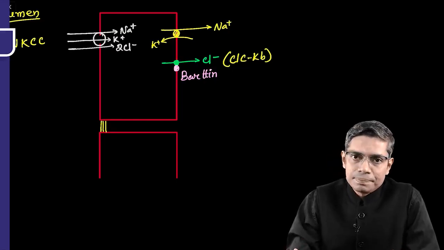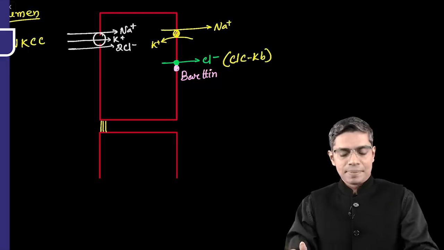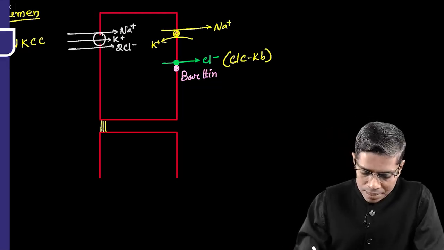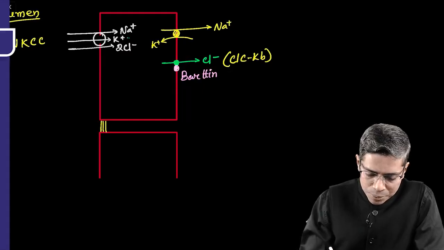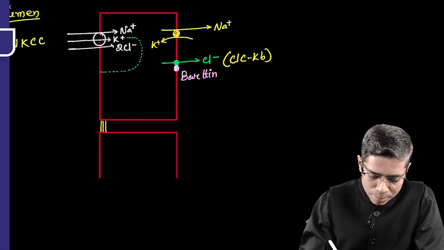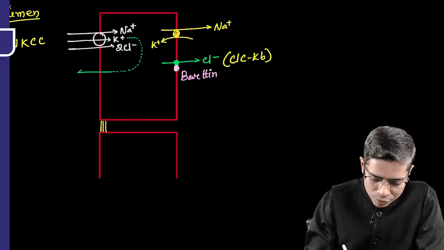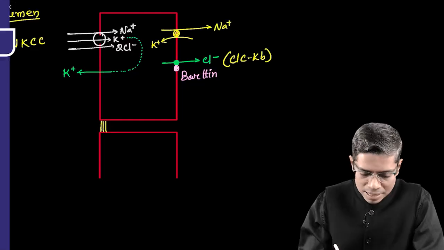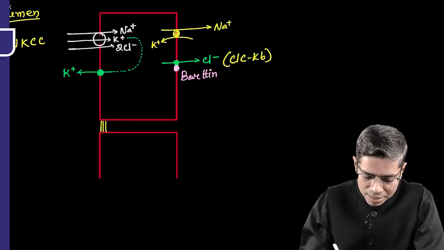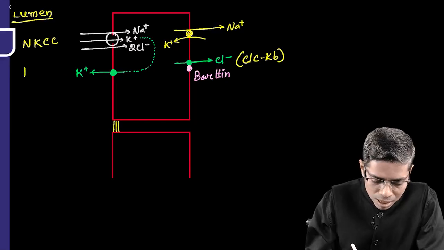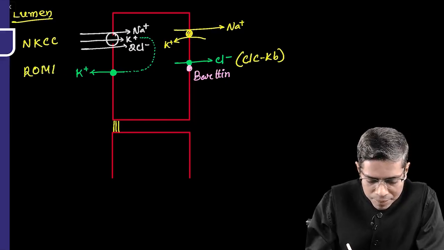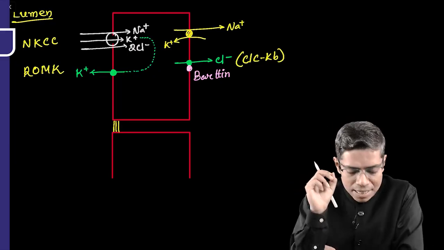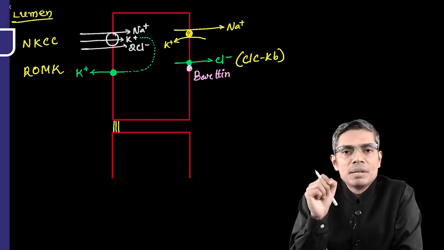Now what about potassium? After reabsorption, potassium is going to diffuse back into the lumen. It is again returning to the lumen of the TAL with the help of a channel known as the ROMK channel, the renal outer medullary potassium channel.